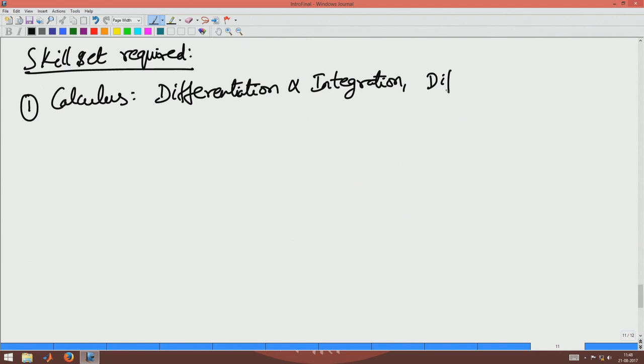Then differential equations. This is an absolute prerequisite for this course. Having a knowledge of calculus is an absolute prerequisite of this course.